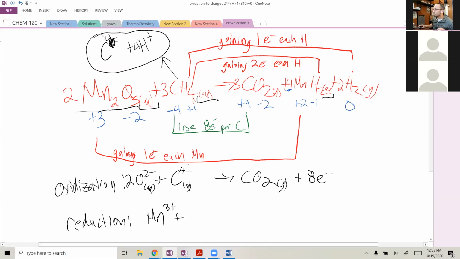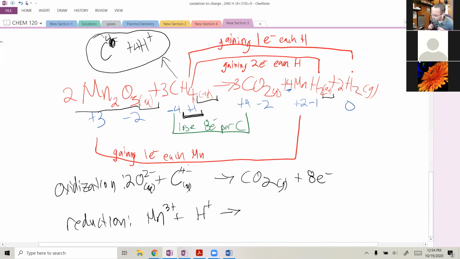And then from there, we should also be reducing our hydrogen. And so what should the charge of our hydrogen be that's reducing? -1. So on the reactant side, is it a -1 or a +1? +1.